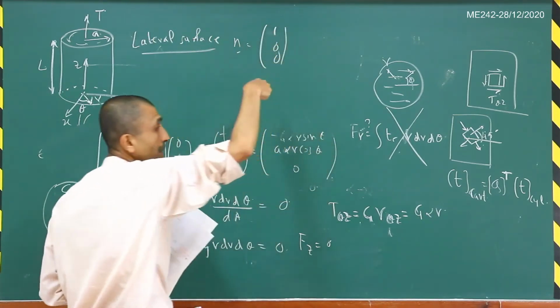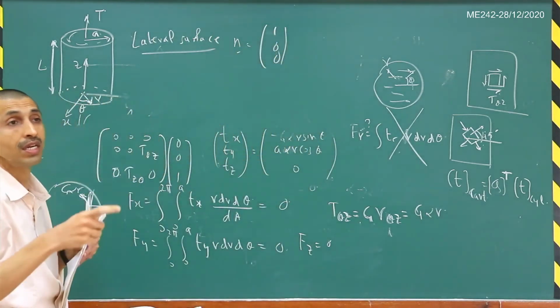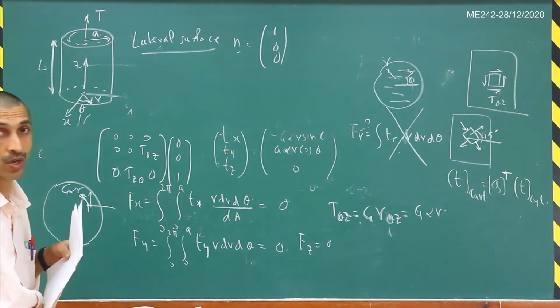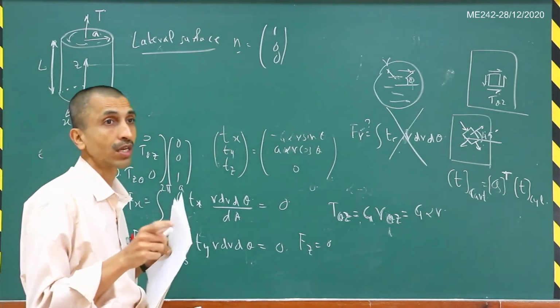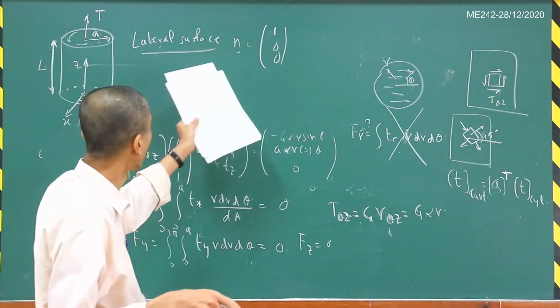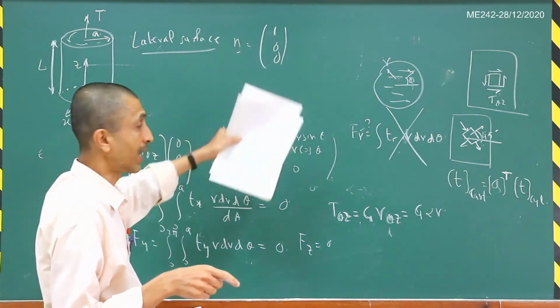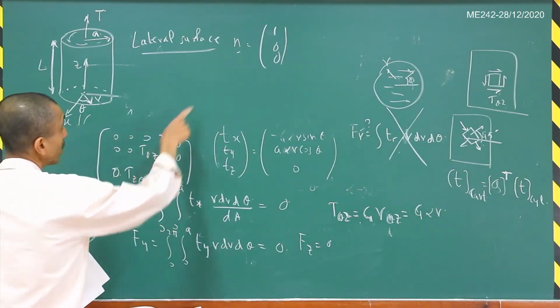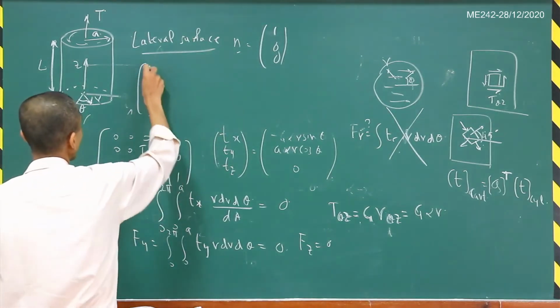Correct? So this is the normal in the r, theta, z coordinate system, not in the x, y, z. So everything has to be referred to the curvilinear coordinate system, and so the normal would be (1, 0, 0) in that particular case.